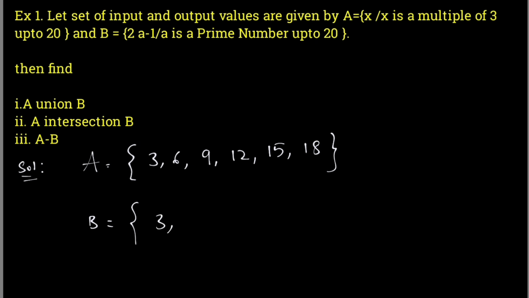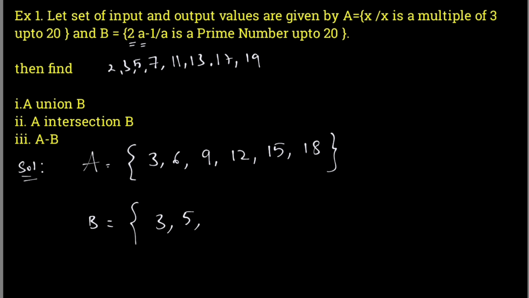And the next prime number is 3. And 2 times 3 minus 1 is 5. The prime numbers are 2, 3, 5, 7, 11, 13, 17, and 19. Up to 20, it's 19.